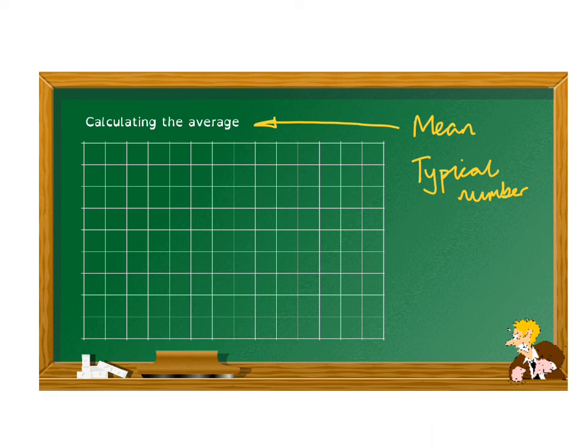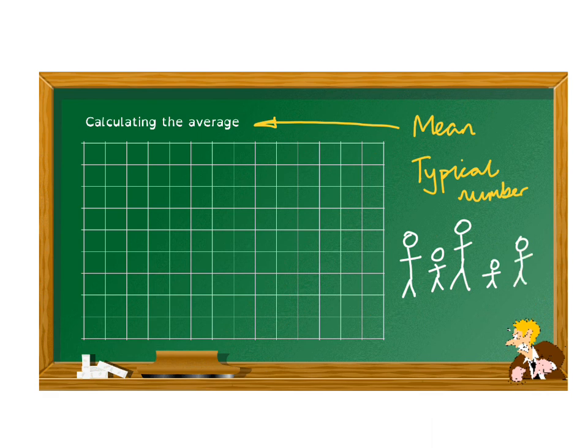So imagine we have 5 children. Okay, they're standing here in a row, and there are some big ones and there are some little ones and some very little ones, and we're going to measure how tall they are.